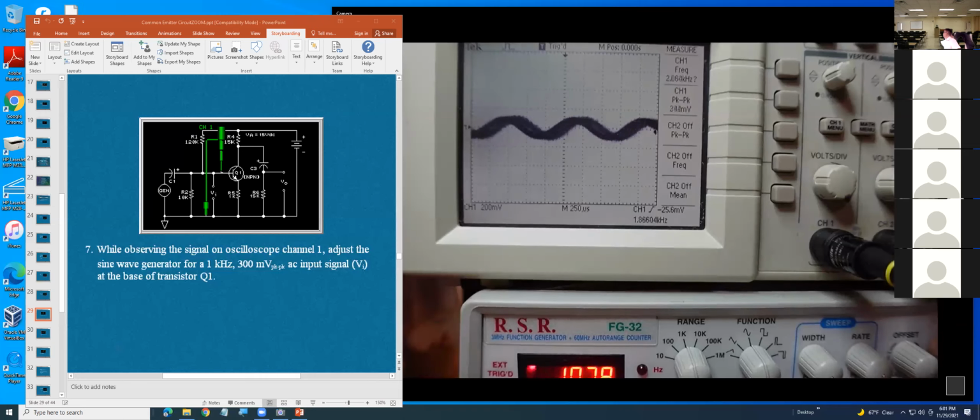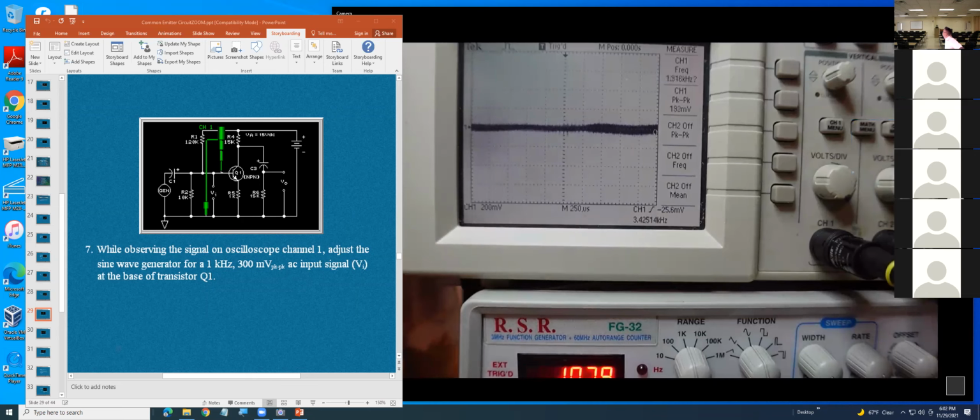Okay, that is the maximum output of the generator. So it still cannot give you 100 millivolt peak to peak. Then you need to pull out 20 dB. I pull it out. See that signal.